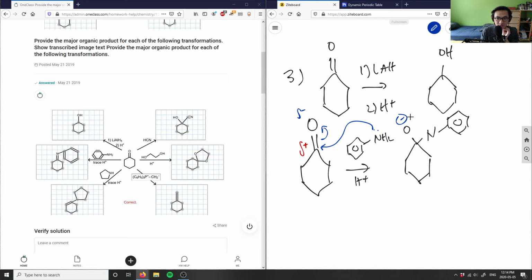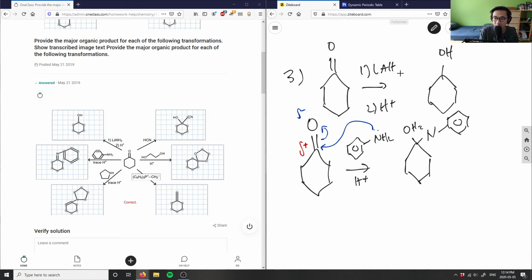And then what it's going to do, again, the H plus is going to protonate this O minus, and it's going to become OH2 here. So I'm just skipping steps here.